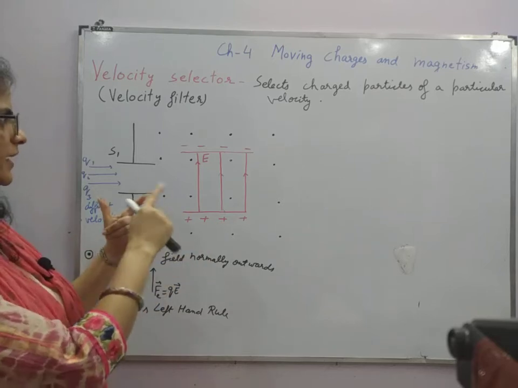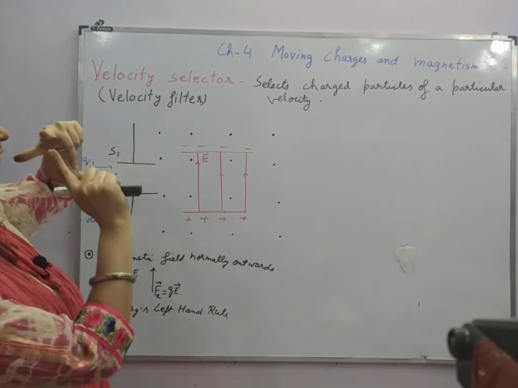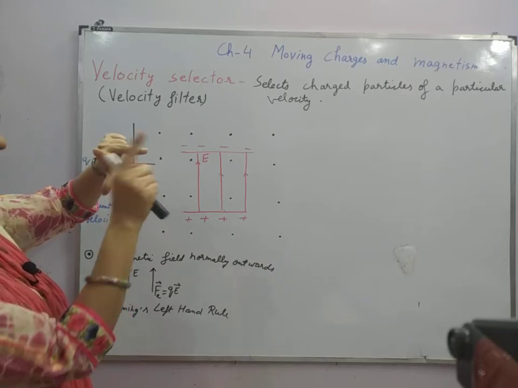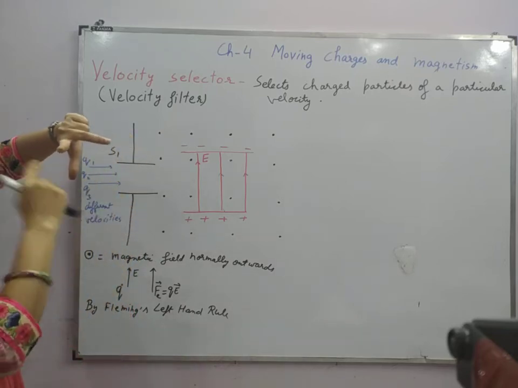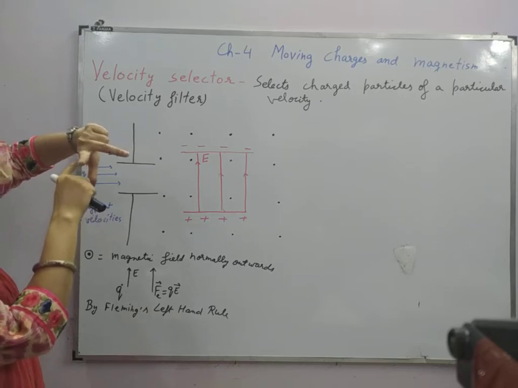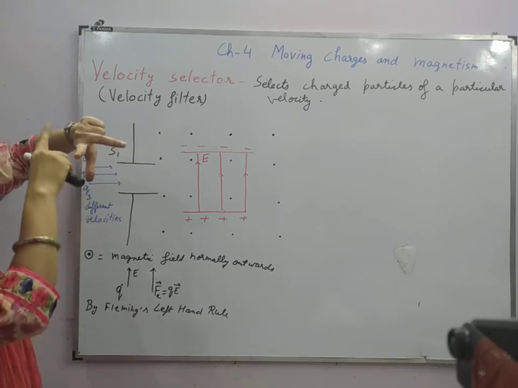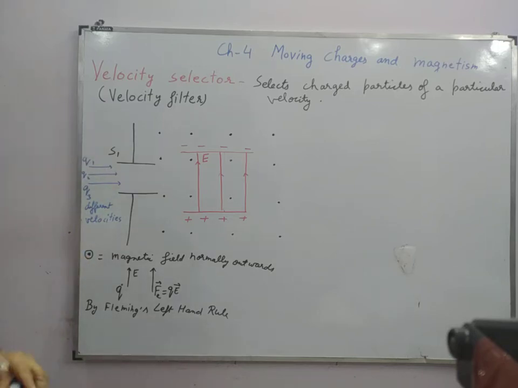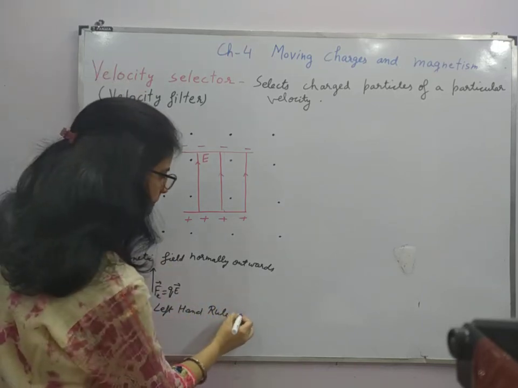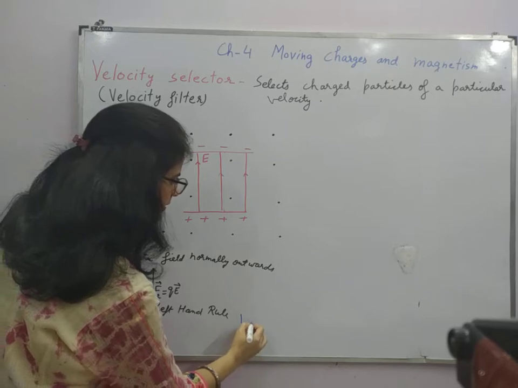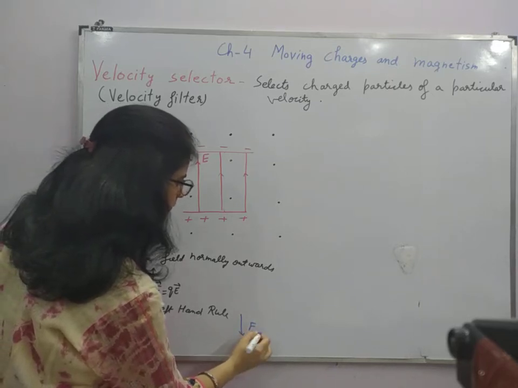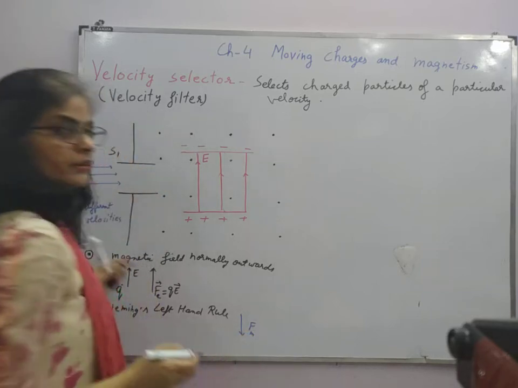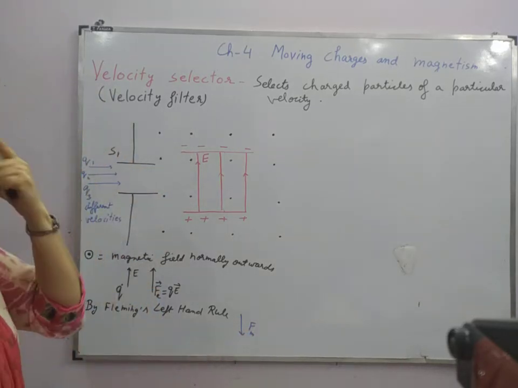We know that this is the magnetic field, so magnetic field is outward. Velocity is given by the central finger. So the force on this charge, if this charge is positive, then the force is this way. So you can say that the magnetic force by Fleming's left hand rule is this way.